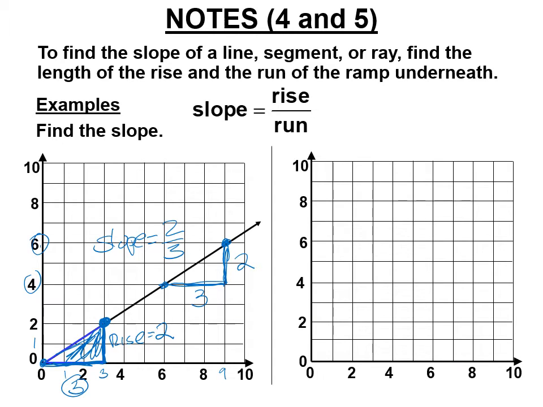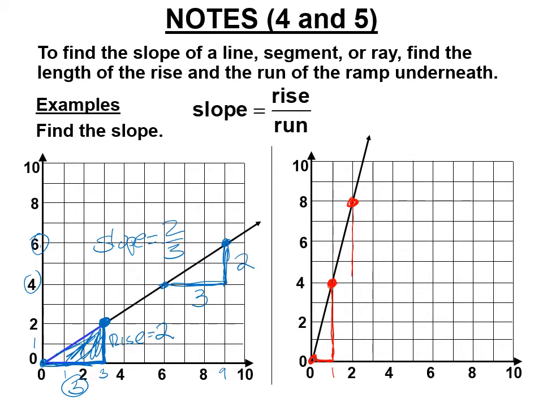So let's do another one. In this one, there's 0, 0. I'll do this one in red. So there's 0, 0. Then there's a point there at 1, 4. And there's another point at 2, 8. I'm going to do the same thing again. You start at a point, you go straight down until you're even with another point.